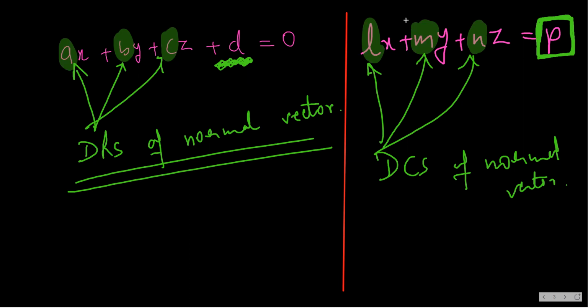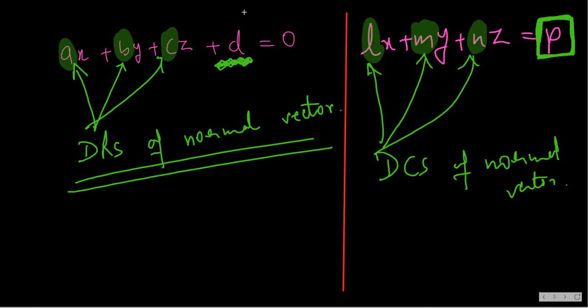Whereas when I notice that in the equation of a plane the coefficients of x, y, z are direction cosines of the normal vector, then I will say that the constant number which I have is the distance of the plane from the origin.